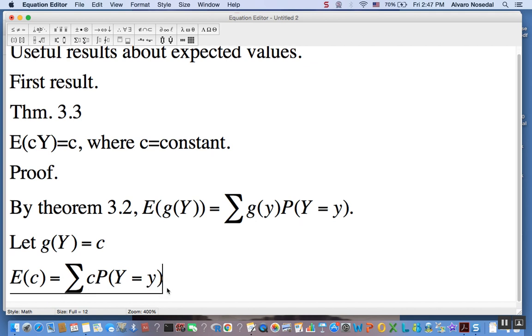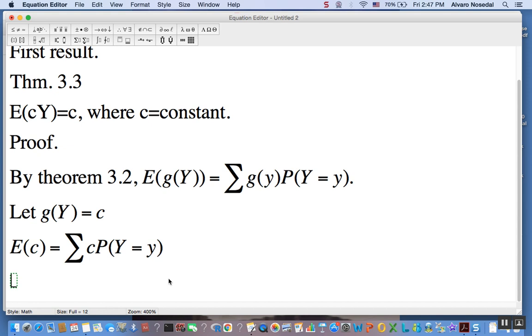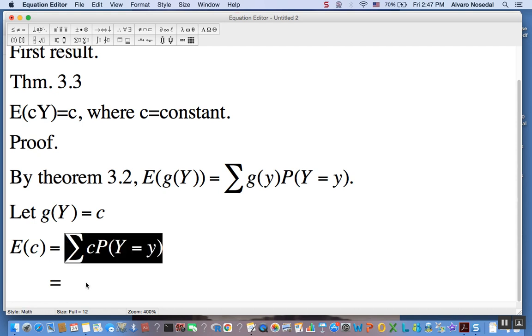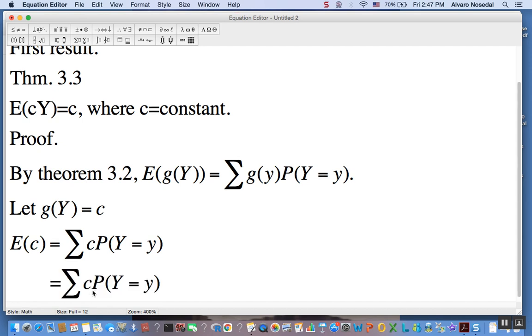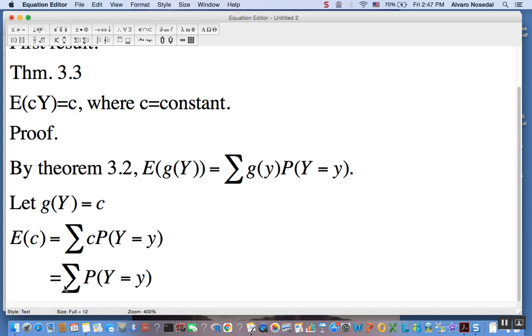But now note that that c, that constant, is a common factor, so I could pull it out. So let me copy and paste this, and I'm just going to pull out that constant, right? I get to do that.